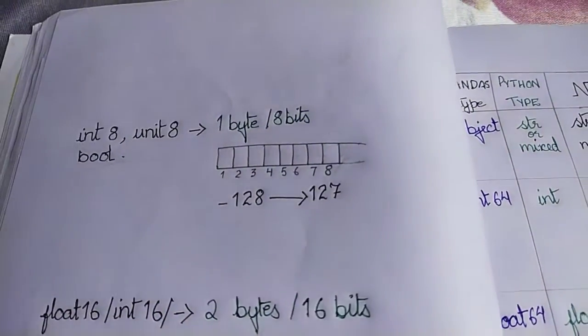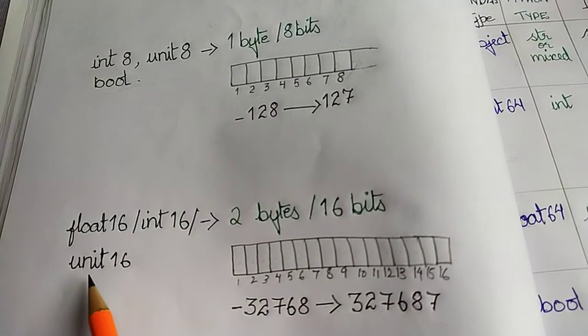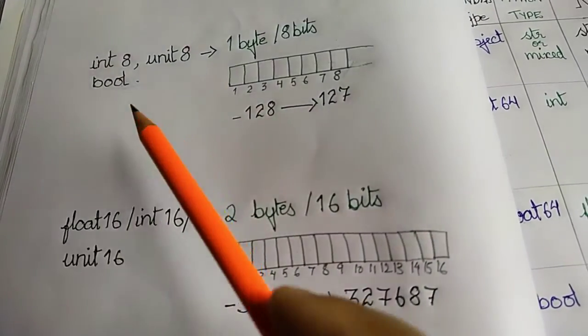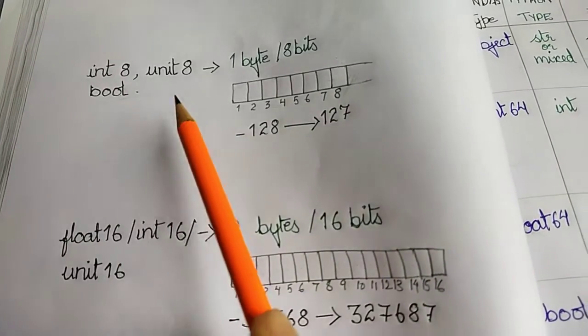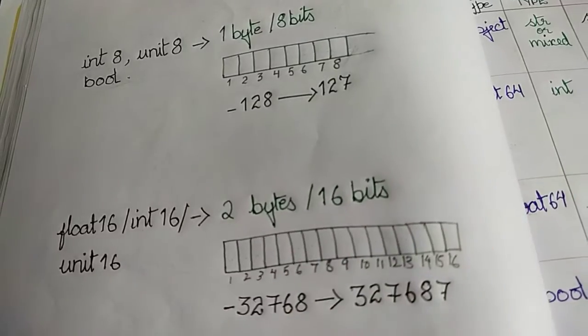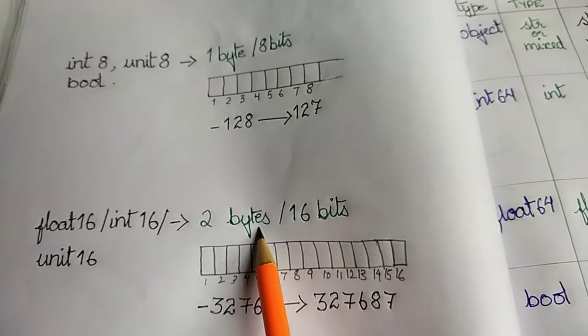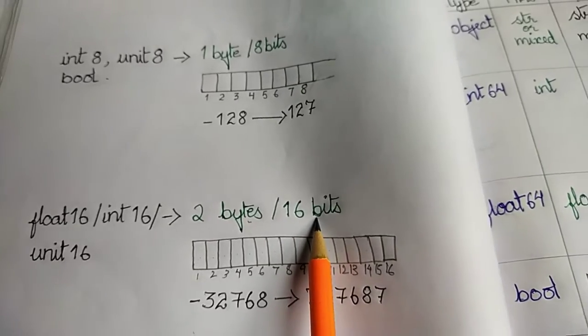Then next we have float16 or int16 or uint16. So over here 16 is double than 8. Therefore, the data that you can store in this data type will consume 2 bytes in the memory or 16 bits.